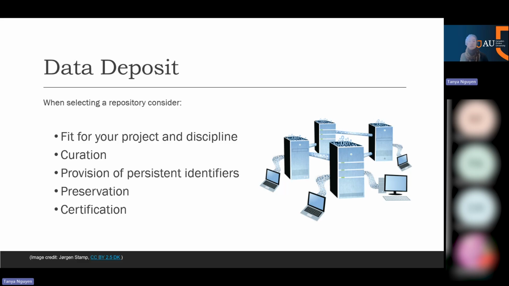And so looking at the metadata for your data set and helping it be more findable, accessible, interoperable, and reusable. Does the repository provision persistent identifiers? So if you have to put a data availability statement, you can put that DOI in that statement.